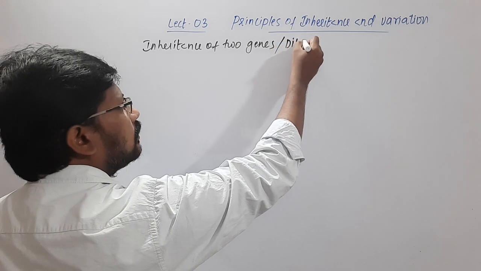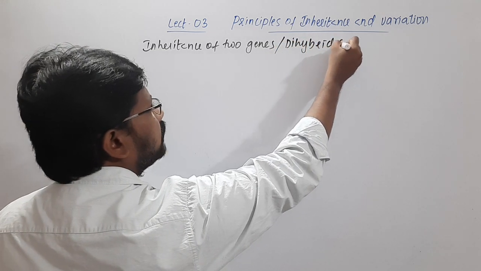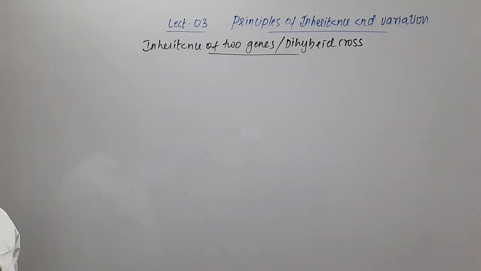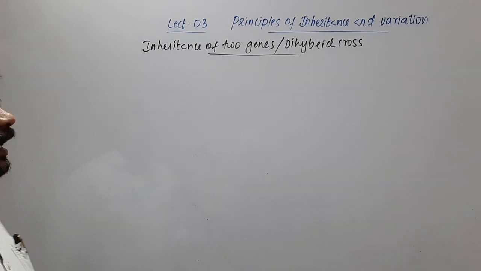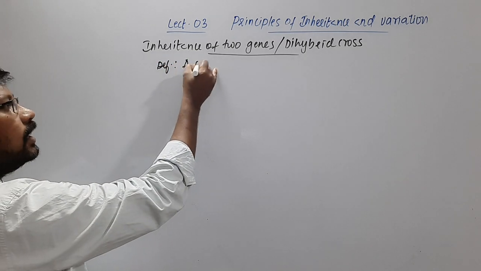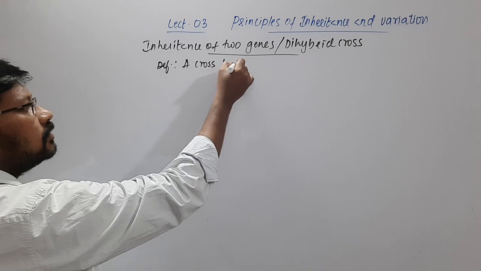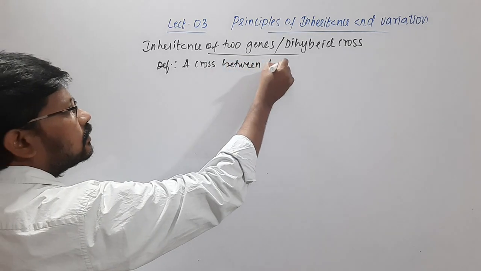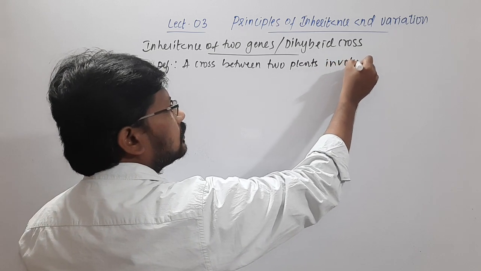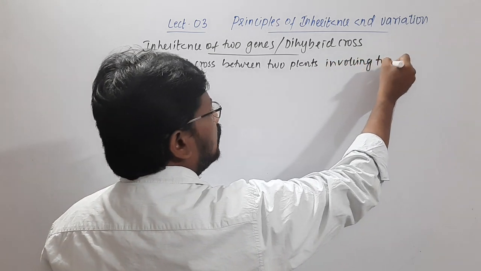The inheritance of two genes I also call a dihybrid cross. And how do we define this? It is a cross between two plants involving two traits.